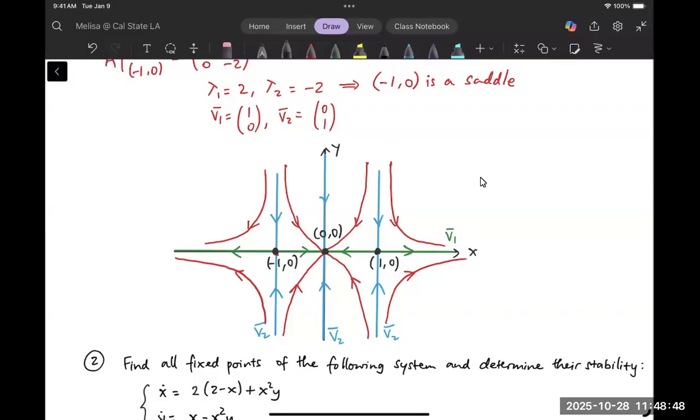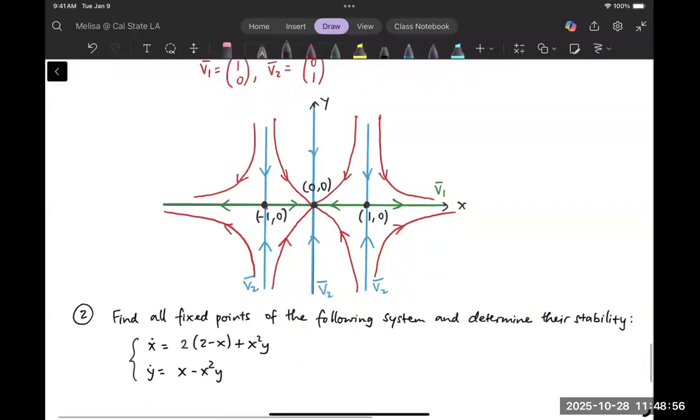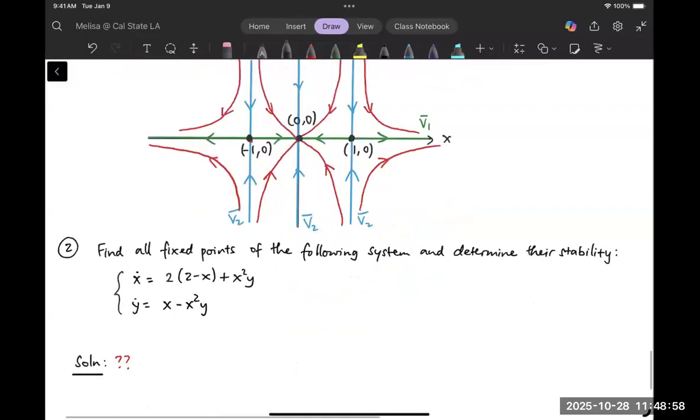So if no questions, let's try number 2. Yeah, so for number 2, it just asks you to find all the fixed points and determine the stability. Okay, so you don't have to sketch the phase portrait for number 2.